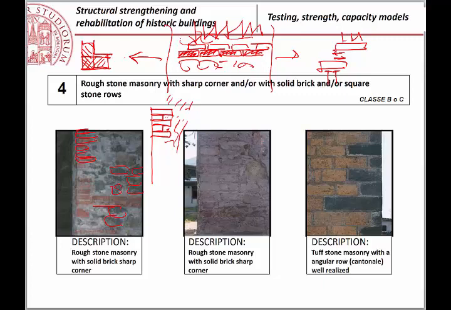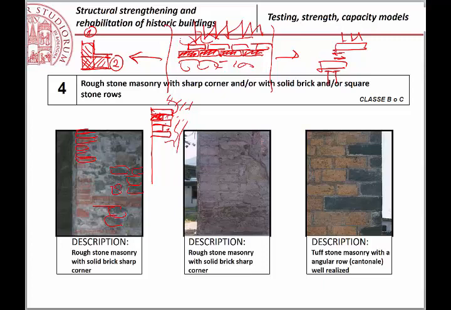Why? Because in this way you are able to have a good connection between wall number 1 and wall number 2, but also because this is in one direction, this is in the other direction, you also have interlock with respect to the inner part of the wall.